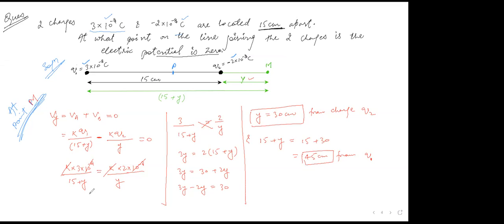This means beyond 15 centimeter, your potential may be 0. Not maybe, we have already calculated your potential is 0. It's possible here. But remember that in such types of questions there is a big suspense, where he is asking for the 0 potential, in between 15 centimeter or beyond 15 centimeter.